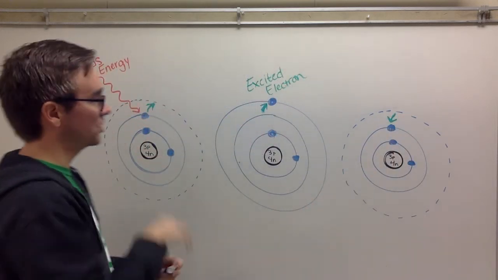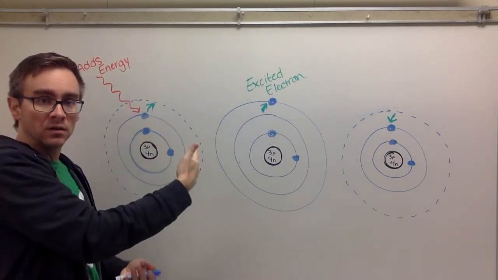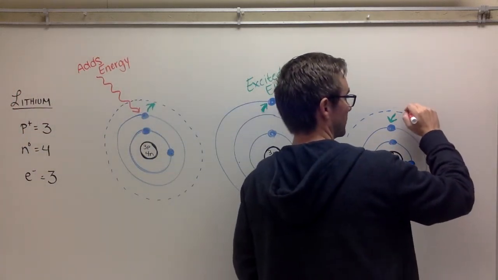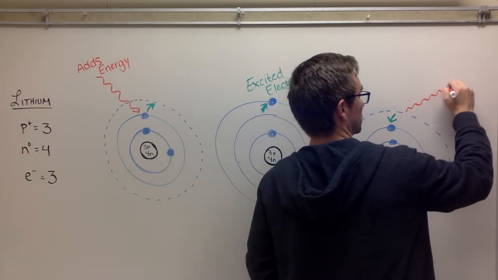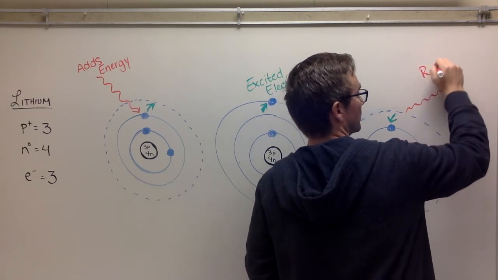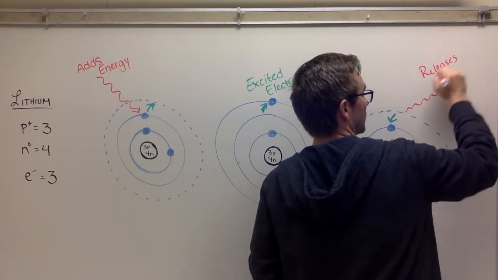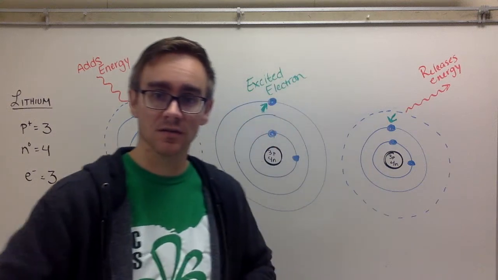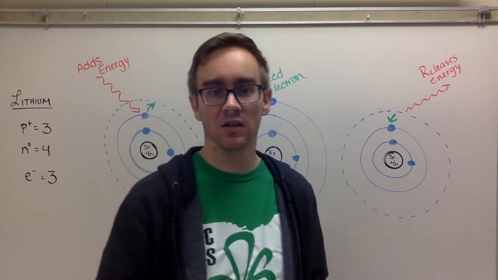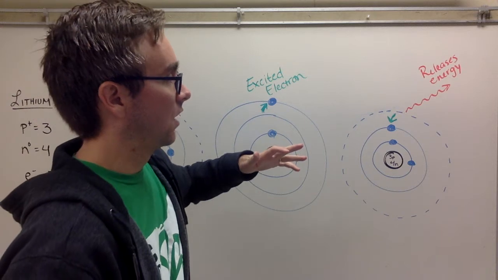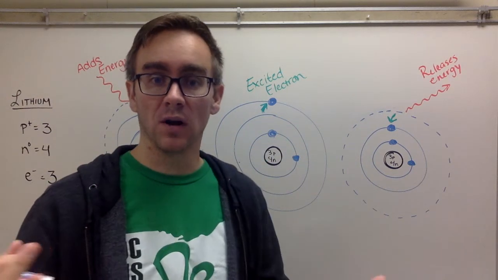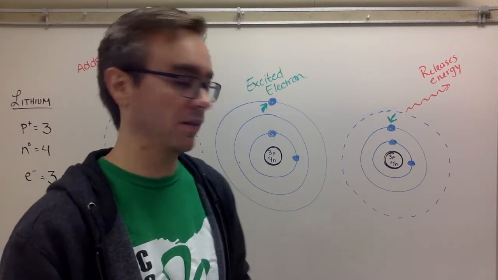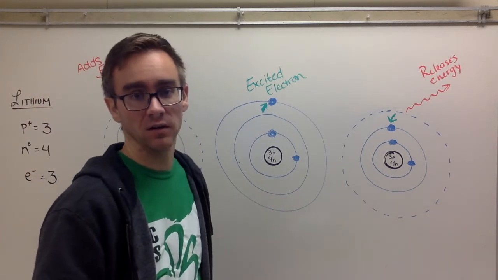Energy had to come in to make it go up, so when it comes down, the reverse happens. Energy is then released. This is what causes fireworks to look bright. I believe lithium, when it is in a firework, like lithium compounds, gives off a red firework color.